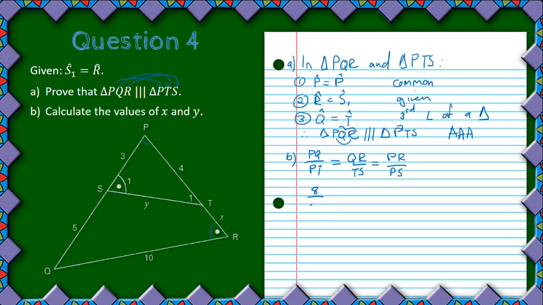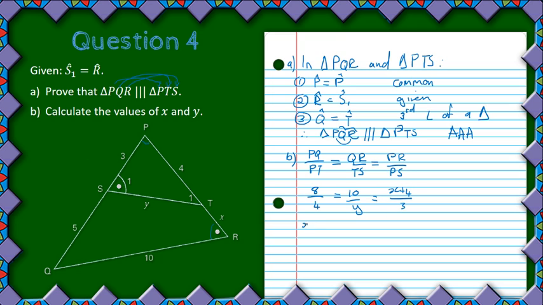PT is 4, equal to QR. QR is this 10, TS is y, PR is this x plus 4, and PS is 3.